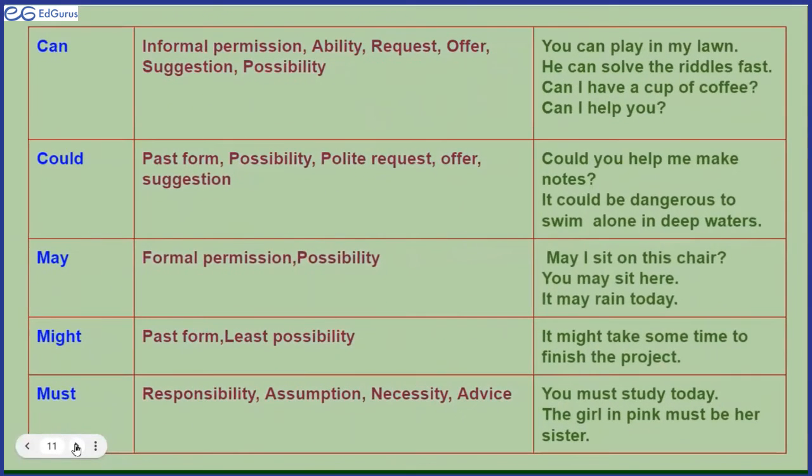Now see the next. Here it is can. Can expresses informal permission, as we discussed. Can I sit here? You can sit here. You cannot sit here. It expresses ability. I can climb up the hill. I cannot climb up the hill. It expresses a request.